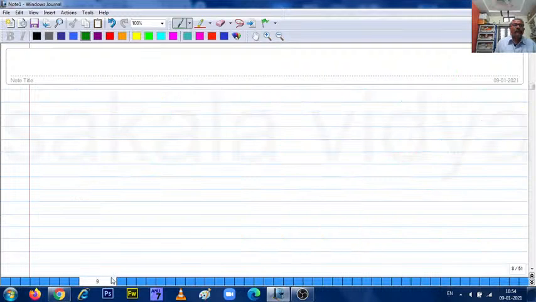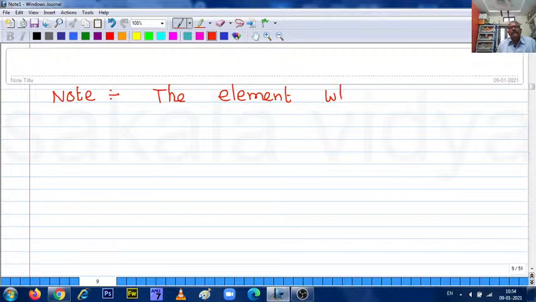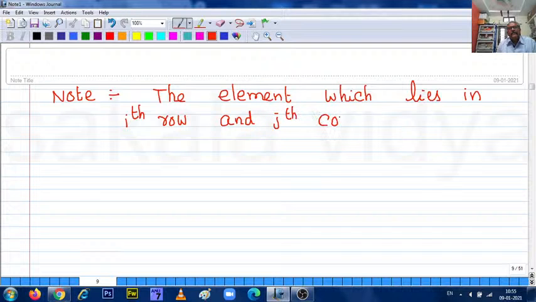So now, note write down. The element which lies in ith row and jth column is denoted by Aij.